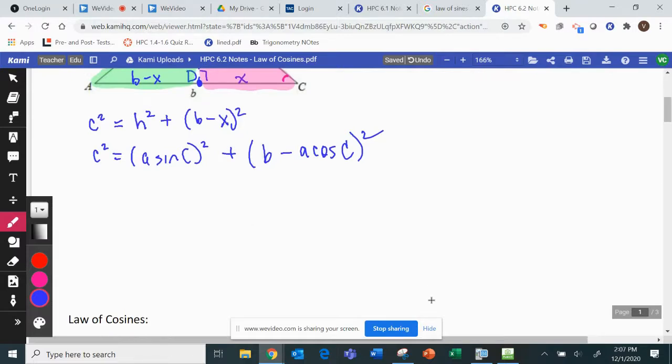I'm going to simplify this. I'm going to square the stuff. So I've got a squared sine squared C plus, for this one I have to use that FOIL method.